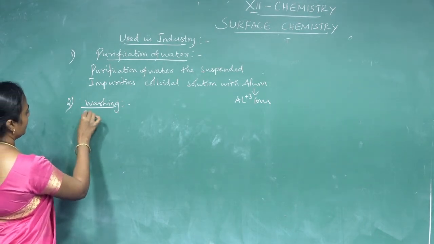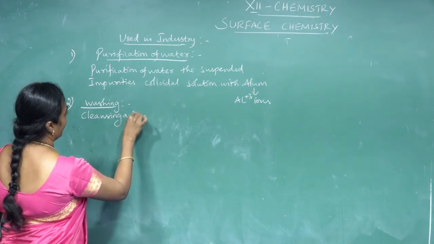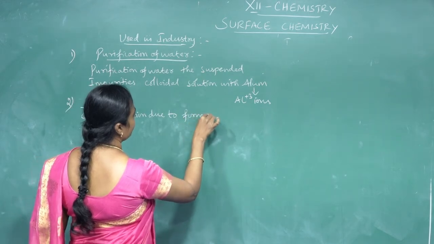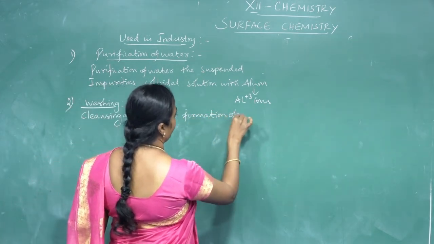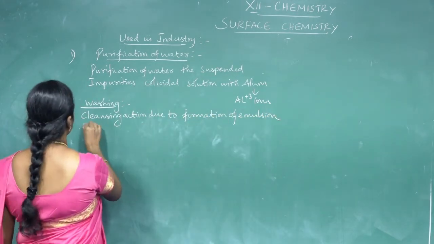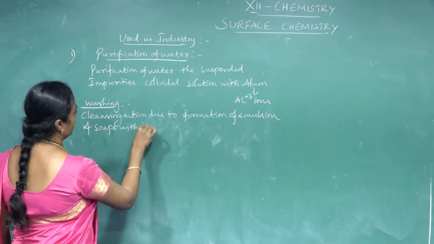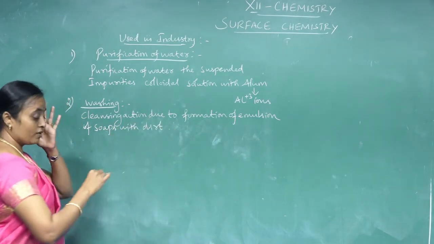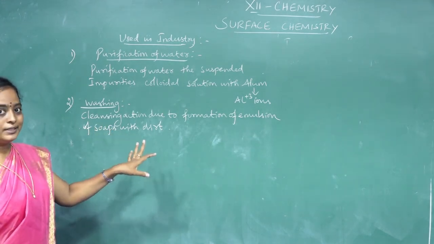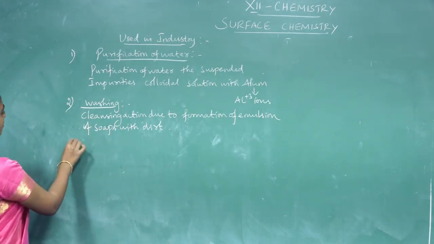So an emulsion will be formed of soap with the dirt, and by using this we can wash the material. There is a colloidal formation.